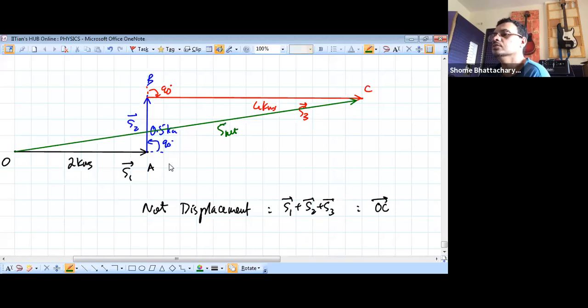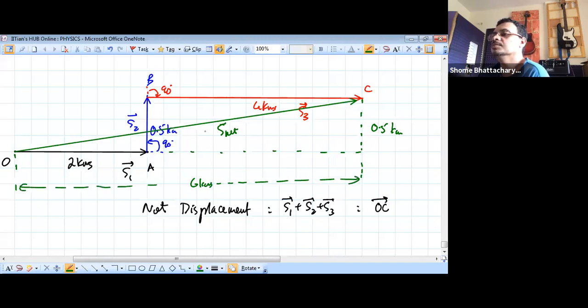So to find the magnitude, just use Pythagoras theorem. Draw a perpendicular here. So this whole thing is how much? 0.5 kilometer, and from here to here, this whole thing is how much? It is 6 kilometers. 4 plus 2. So the net displacement, this is this one, this net displacement. इसका magnitude क्या हो जाएगा? इसका hypotenuse.